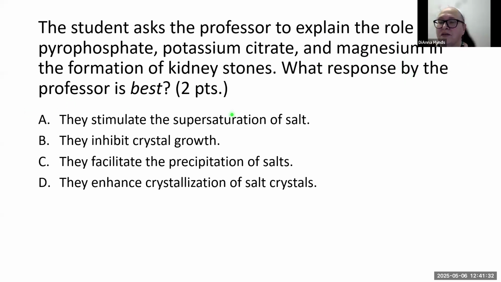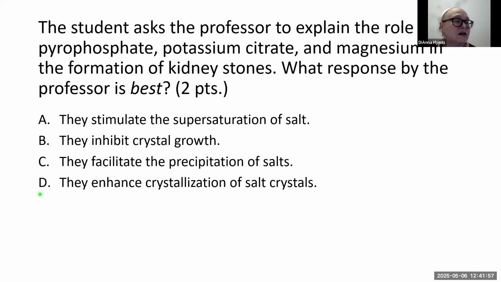So the professor can give one of these 4 responses. So what the professor says is that these 3 things stimulate the supersaturation of salt, or they inhibit crystal growth, or they facilitate the precipitation of salts, or they enhance the crystallization of salt crystals.